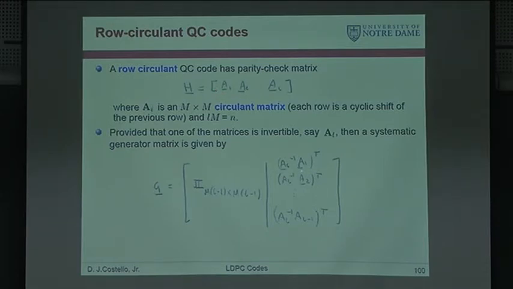But that allows us to convert the H matrix to systematic form, and then we can immediately get a G matrix for that code. So it makes encoding very straightforward. We just have to pick one of the circulants as being an invertible matrix.